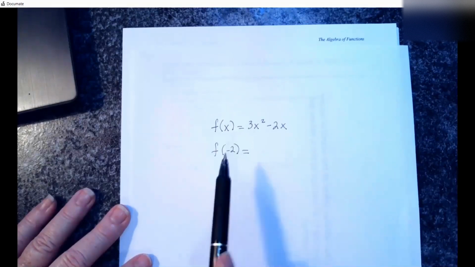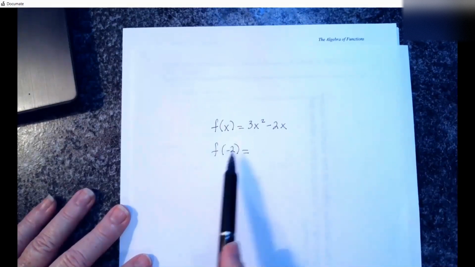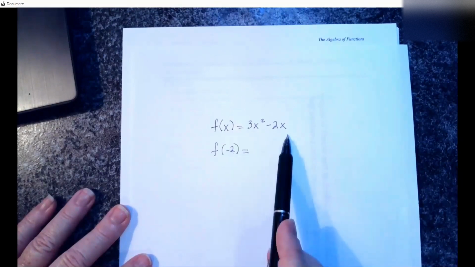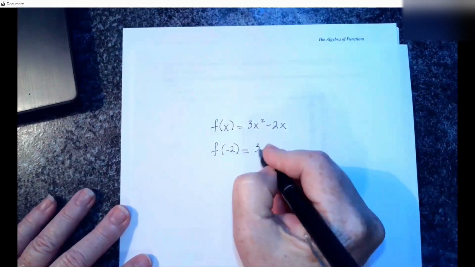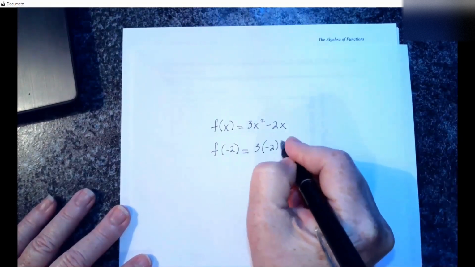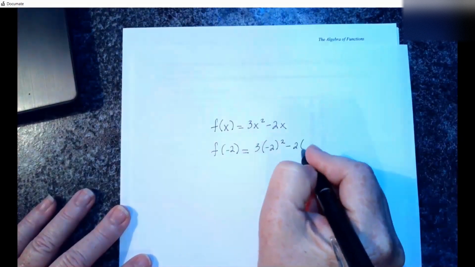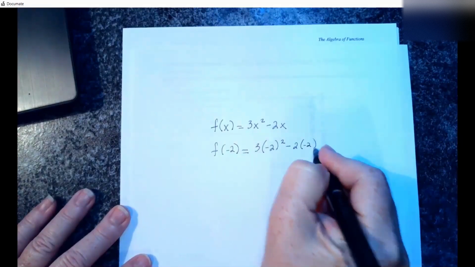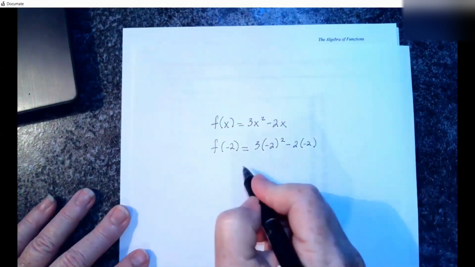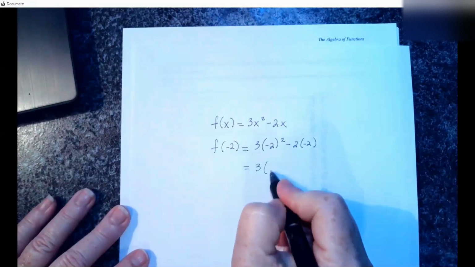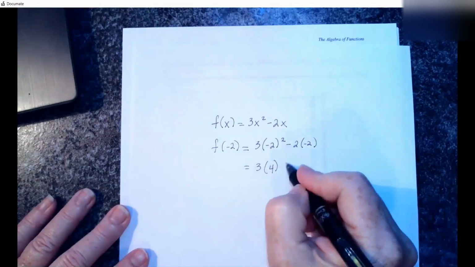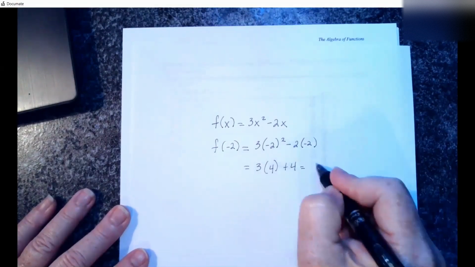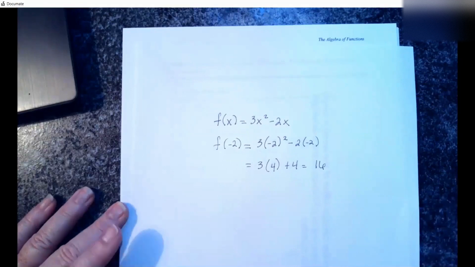Exactly. You go to your f function and everywhere there's the x, which is the input of this function, replace it with -2. So we would just have 3 times (-2) squared minus 2 times (-2), which would be 3 times positive 4, because we're squaring the negative as well, and then plus 4 again, so we'd end up with 16.